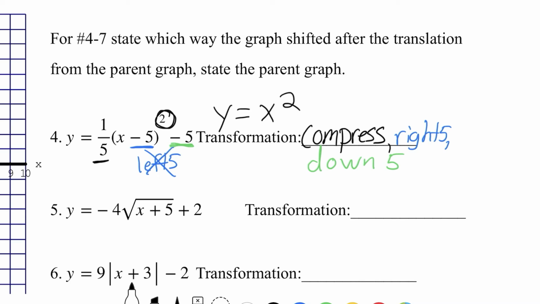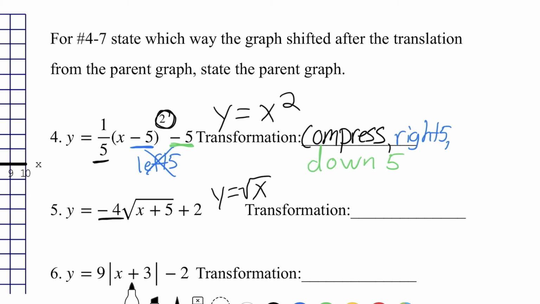Now let's look at number 5. Number 5, if you want to go ahead and do the parent function, you can. Parent function is y equals square root of x. So this is what's helping me determine what is on the inside versus the outside.